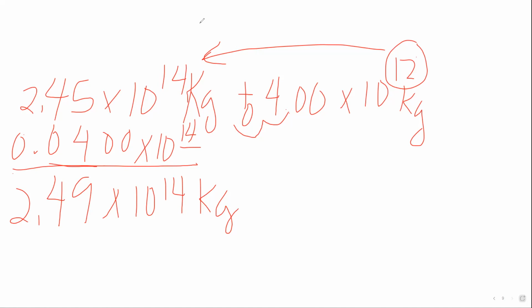All right, now let's do one that is a mix. Let's say we have an addition and a division. Okay, so let's say we're adding 4.1 times 10 to the 6 plus, and that's, let's say centimeters, plus, I'm just making this up.